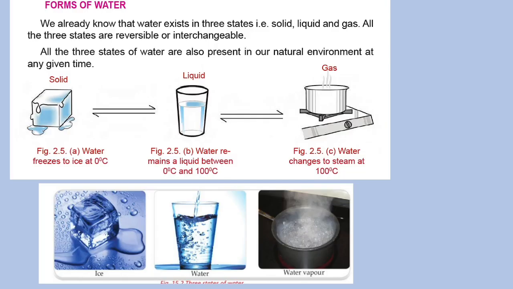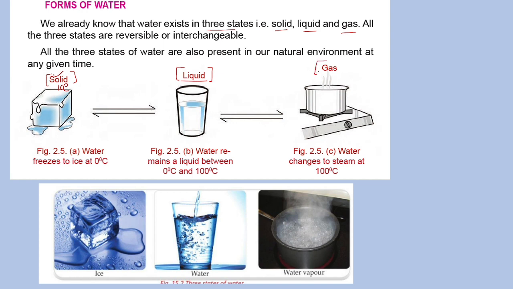Now let us understand what is the form of water. Water is available to us in all three states. What do you mean by all three states of matter? That is, it is available in the form of solid form, liquid form, and the gaseous form. For example, the ice is a solid form of water, whereas most of the water that we see is in the liquid form.